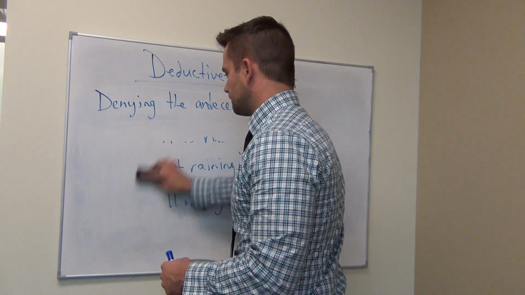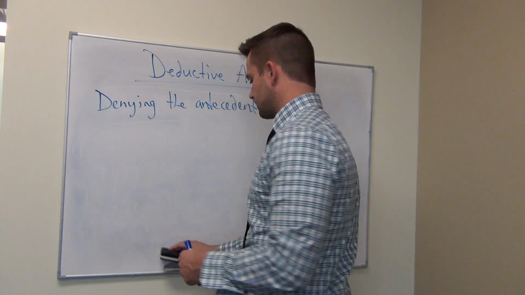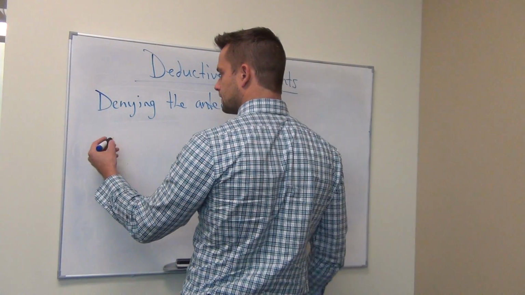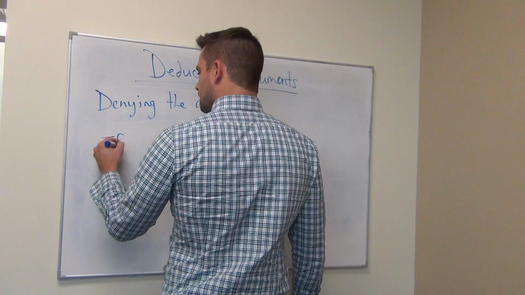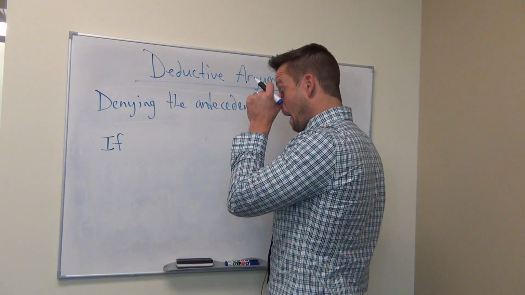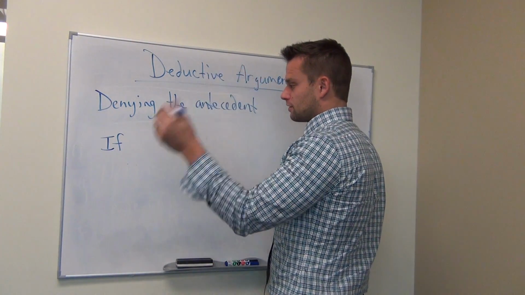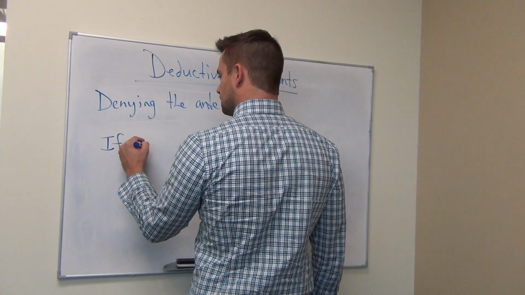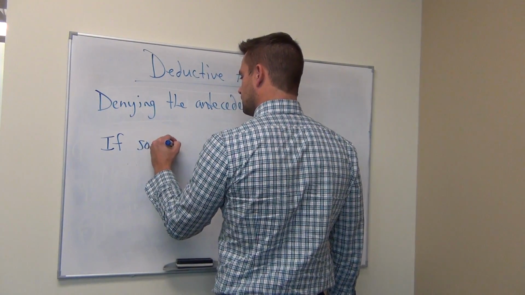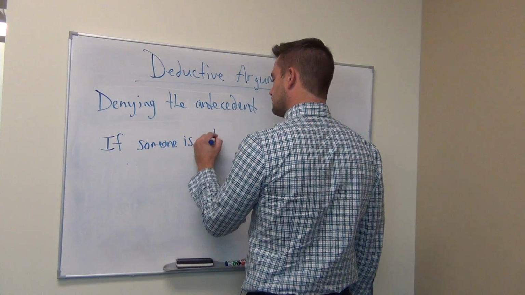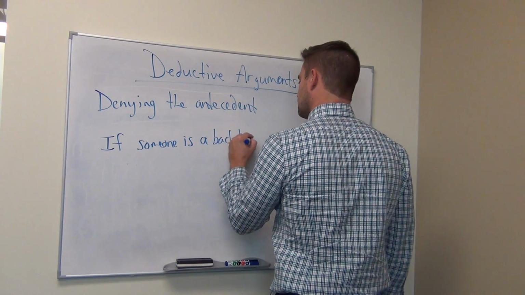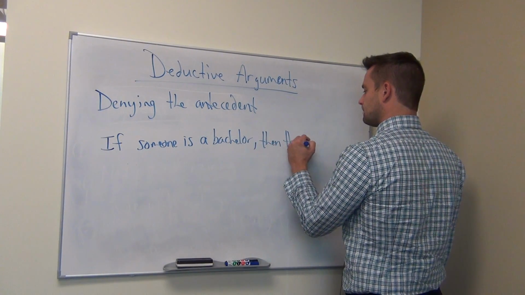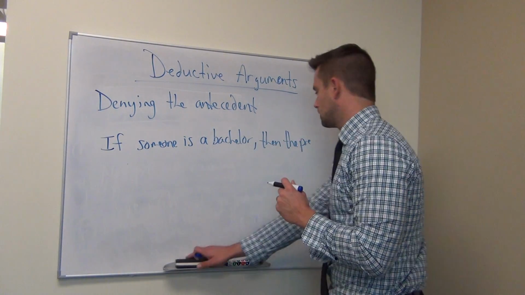And we'll go back to our example of animals. It's always good to go to animals or anything that has strict conceptual boundaries. Okay, or we could use the bachelor example. If someone is a bachelor, then the person is not married.